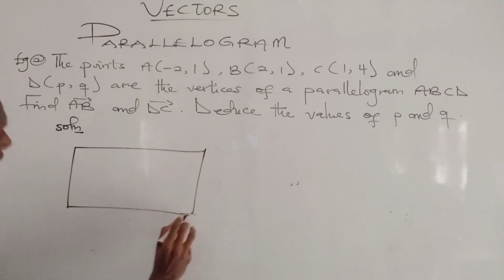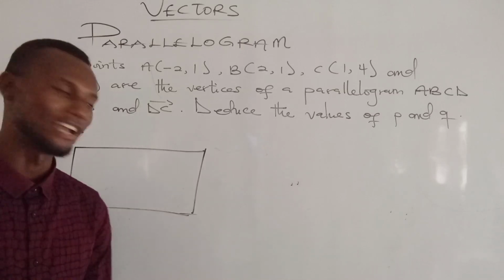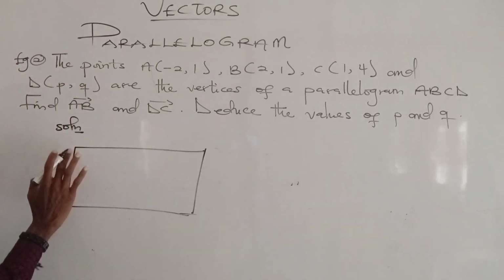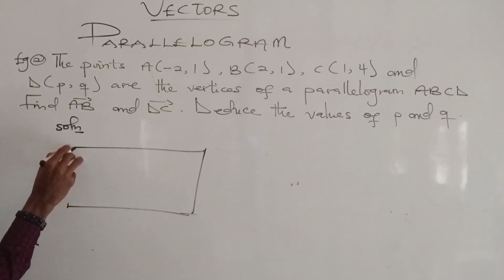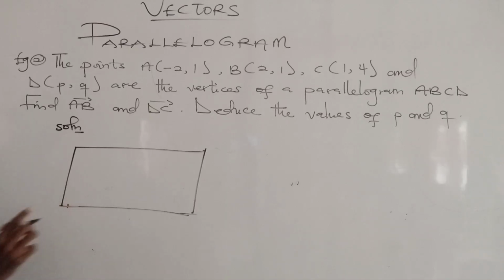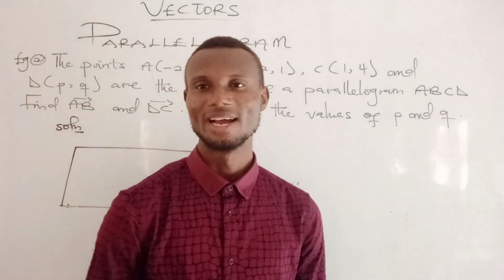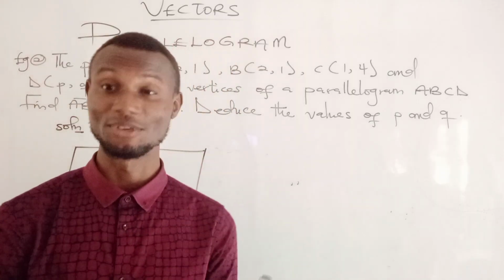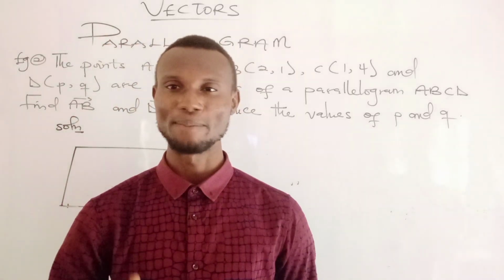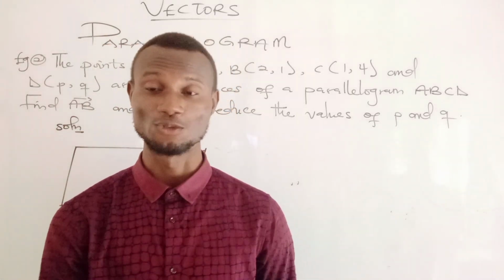The next thing to do is to label the vertices of the parallelogram, which I've taught you in the previous video, that there is a particular pattern that you need to follow.